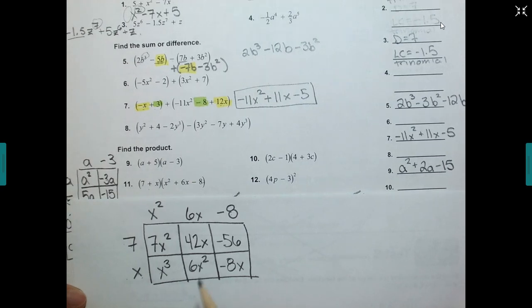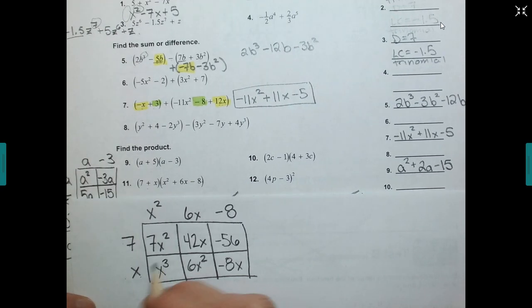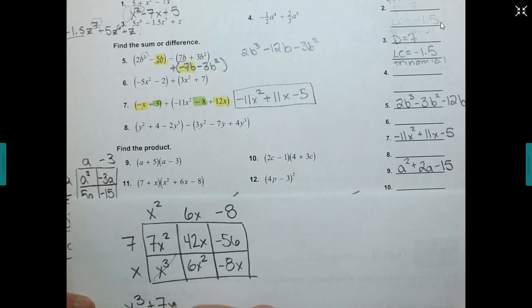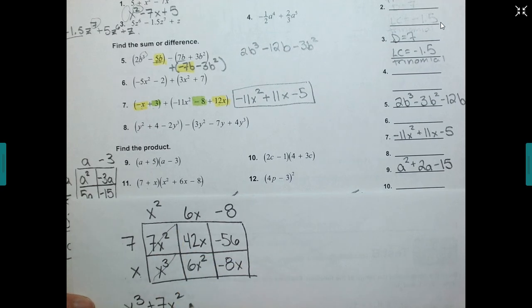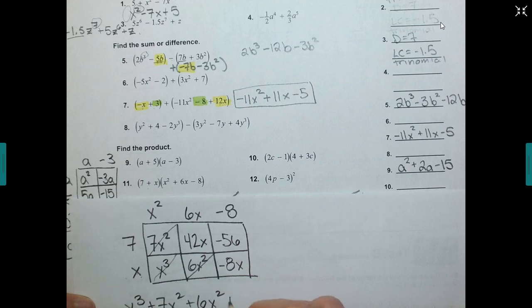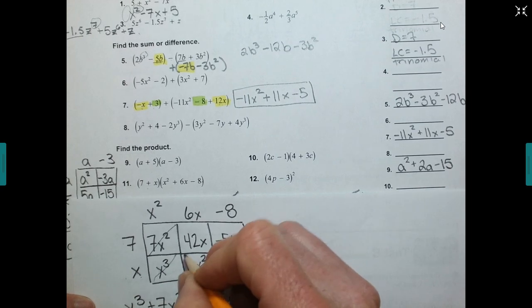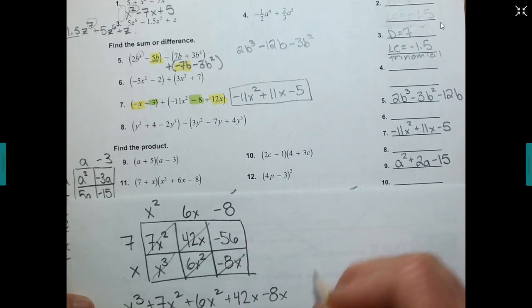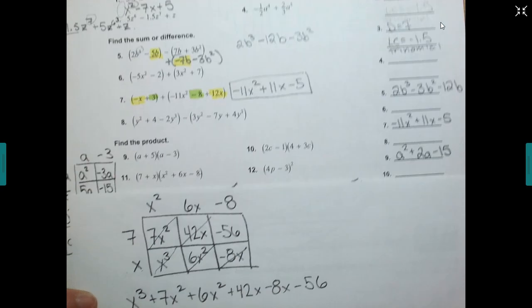All right, so let's try and write these in order. So I have x to the third, and then I have plus 7x squared plus 6x squared plus 42x minus 8x minus 56.